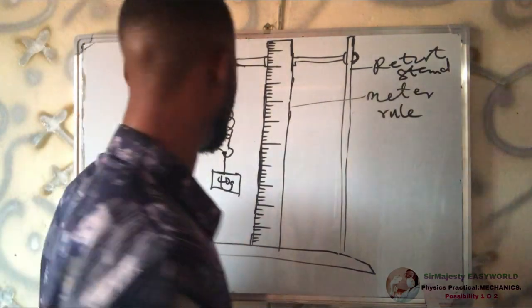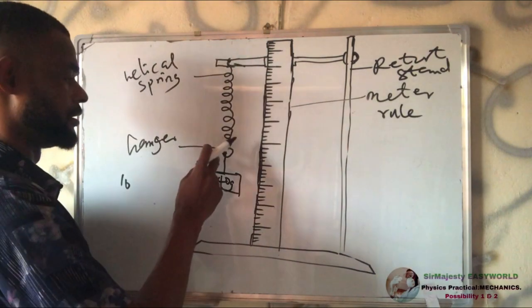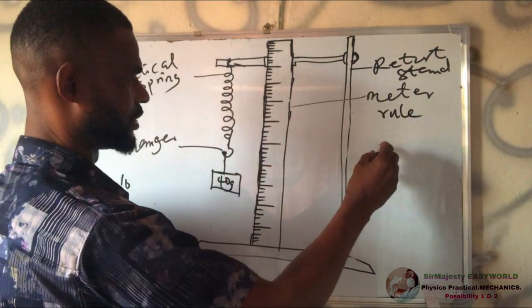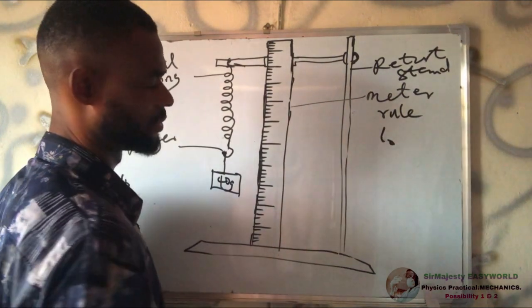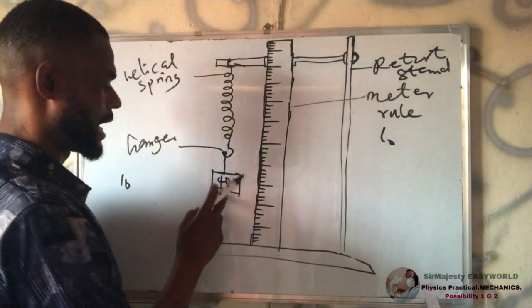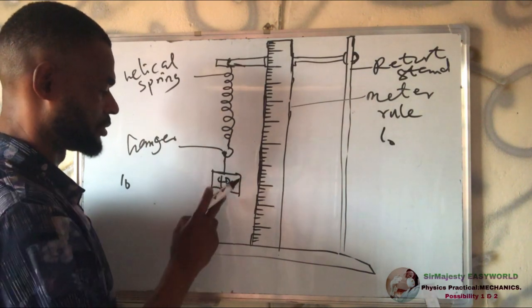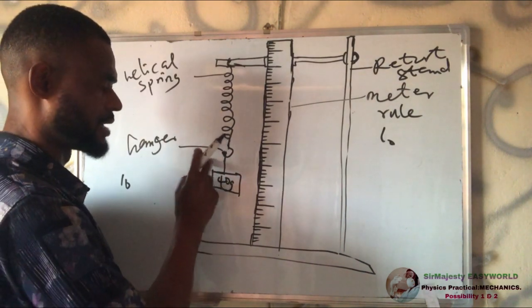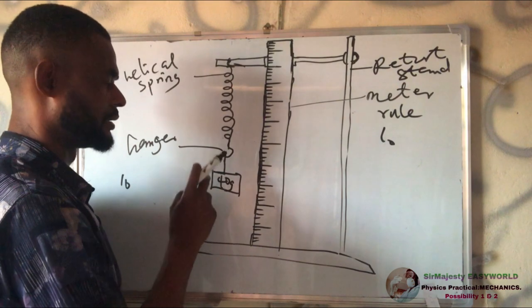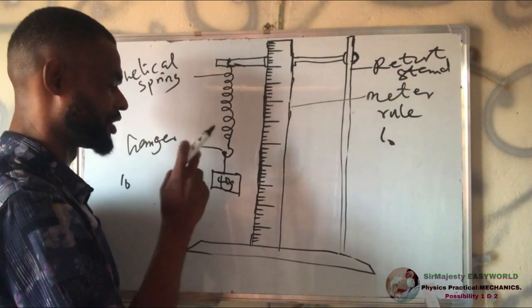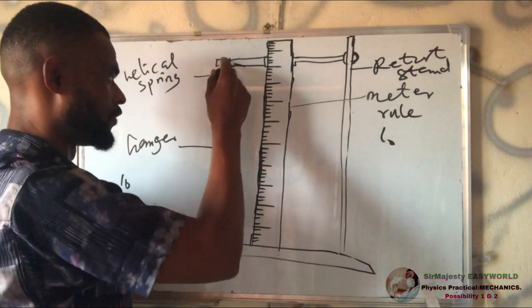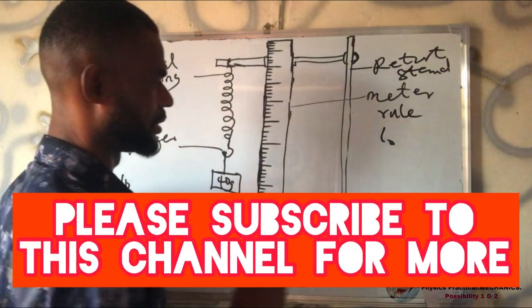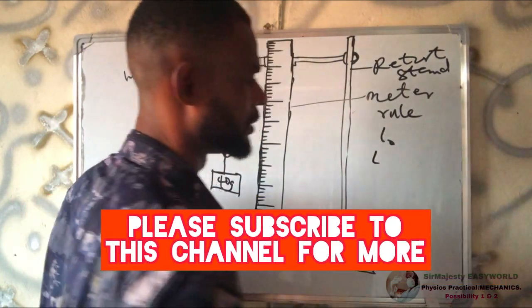Remember that the former length of the spring is L0. Then hang a mass M equal to 40 gram on the hanger. After doing that, read and record the new length of this spring, which is called L now.